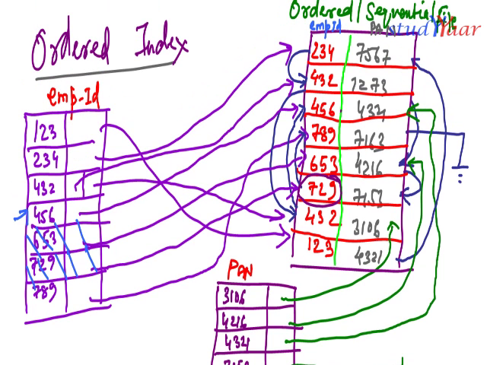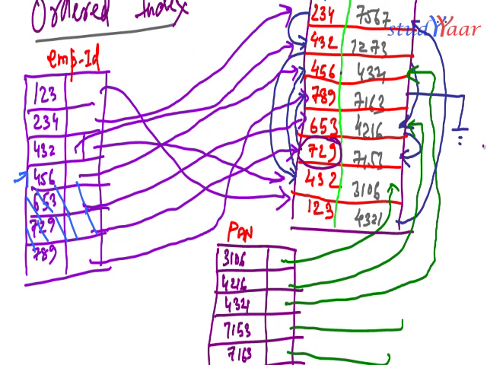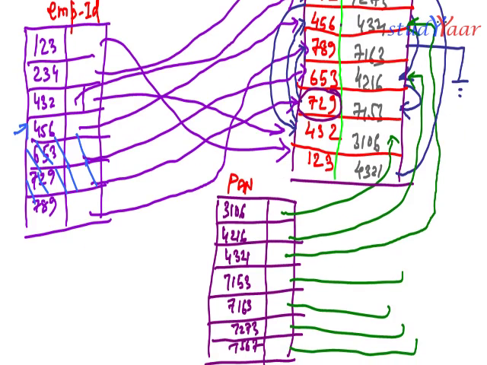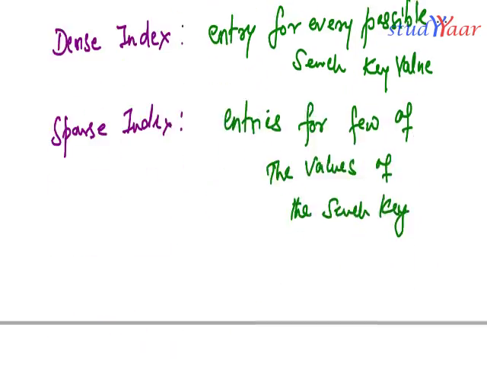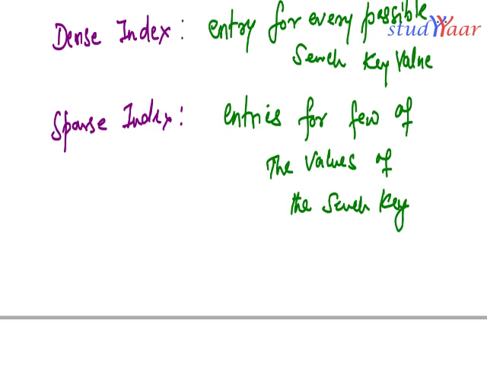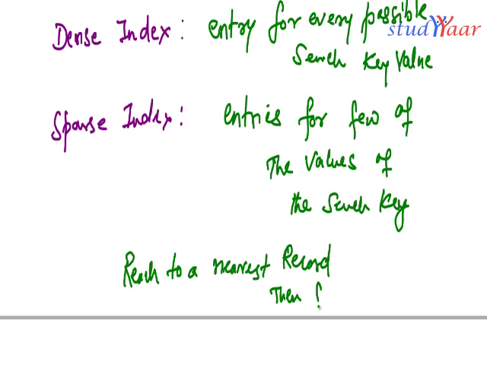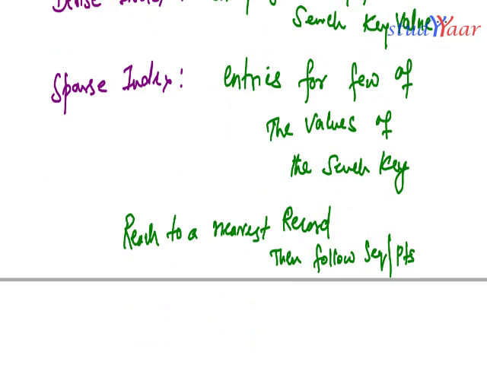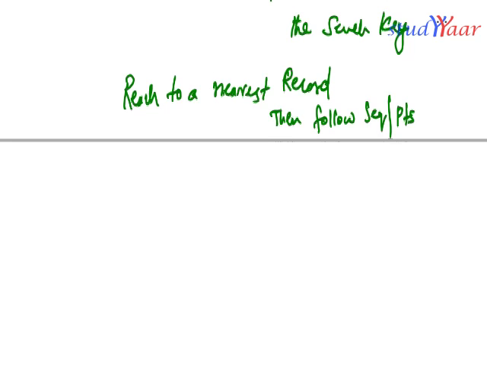So after finding a nearer record, I follow the chain and find my desired record. So you reach a nearest record and then follow sequence or pointers. That is how you use a sparse index.